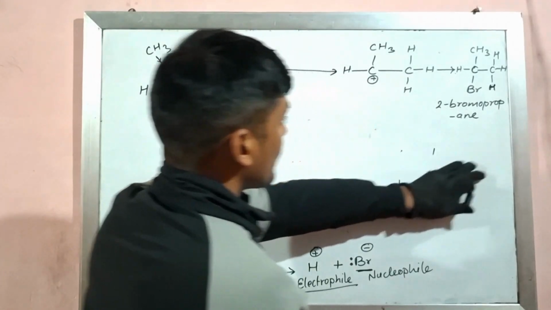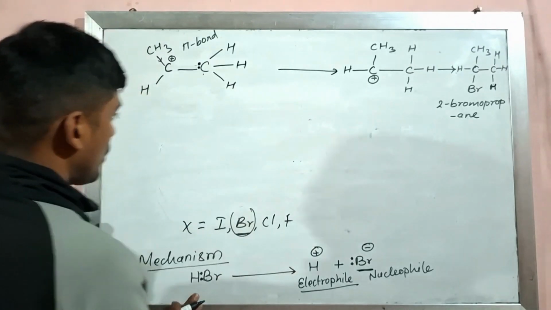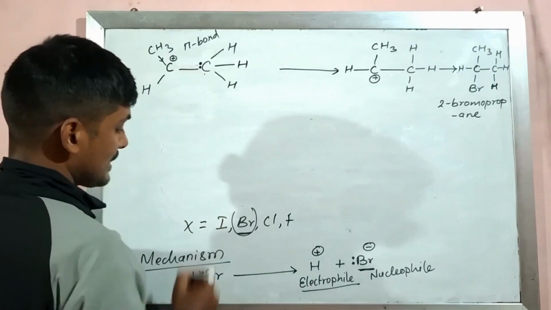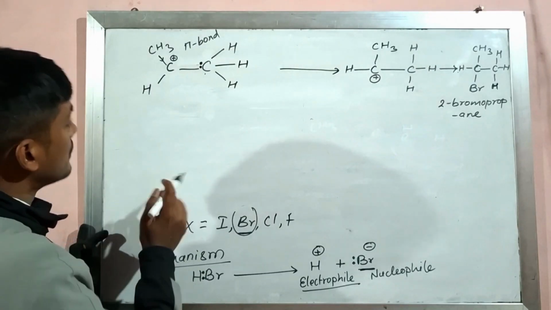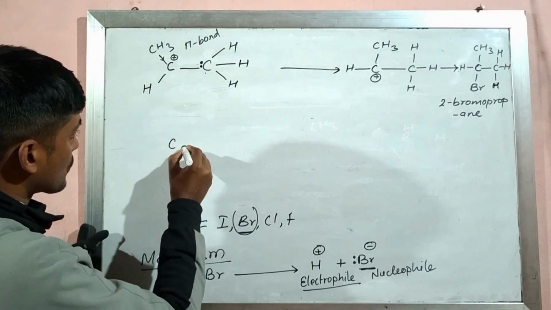This 2-bromopropane is the major product of Markovnikov's rule, whereas sometimes, instead of this, the reaction may occur like this also.